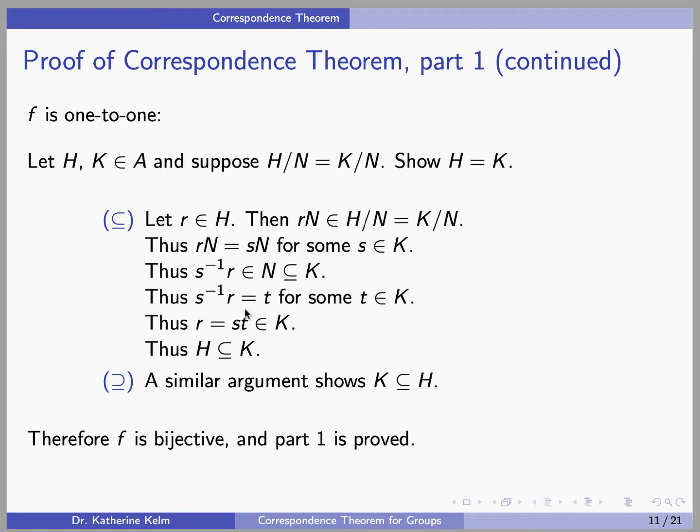And I want to make a little remark about this argument right here. You'll see this argument quite a lot. It follows from this nice little result that says that the coset RN belongs to K mod N if and only if R belongs to K. And you can see that I have reproved this result, or at least the forward direction of this result right here.